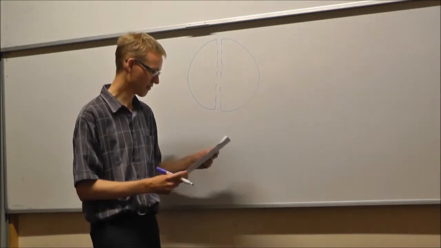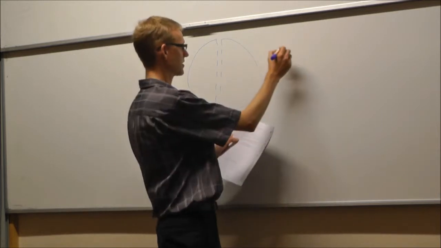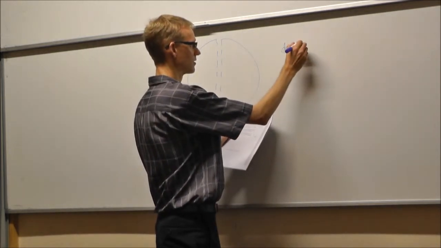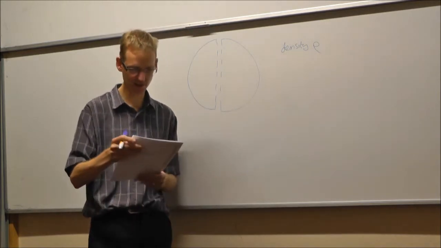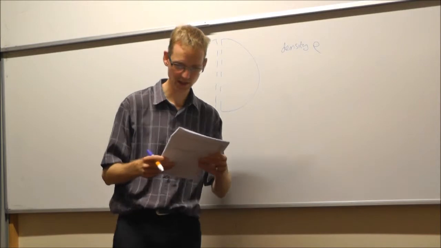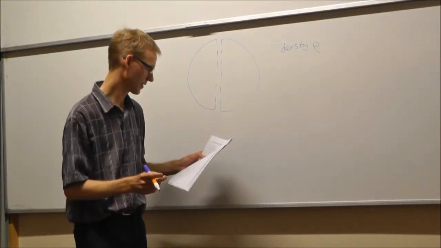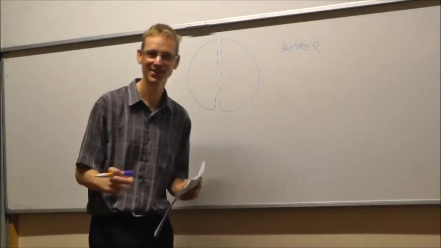By using Newton's law of gravitation, show that if Earth has internal density ρ, ignore air resistance, that's good to know, an object dropped in the hole will perform simple harmonic motion. Okay, now, there is only one thing you need to know about simple harmonic motion.